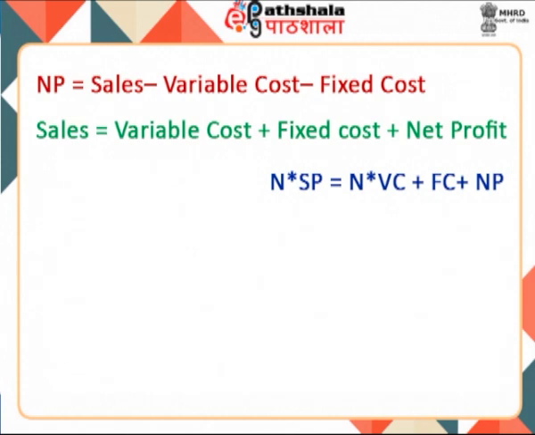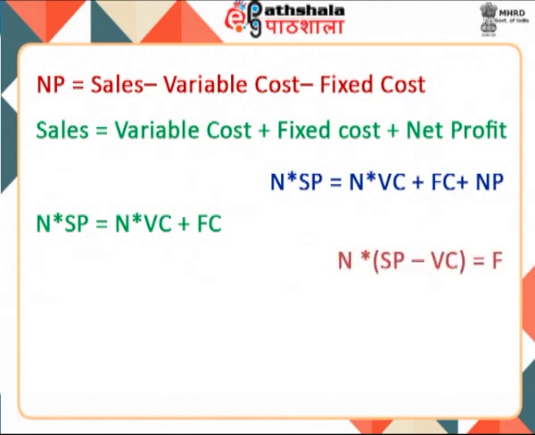Therefore, the equation can be written as N multiplied by SP selling price is equal to N multiplied by variable cost plus fixed cost F. Or we can say that N multiplied by selling price minus variable cost is equal to fixed cost F, or N is equal to fixed cost divided by selling price minus variable cost, and we know that selling price minus variable cost is equal to contribution margin per unit.